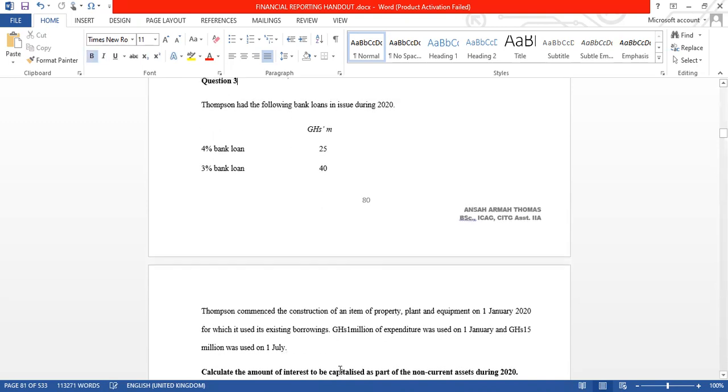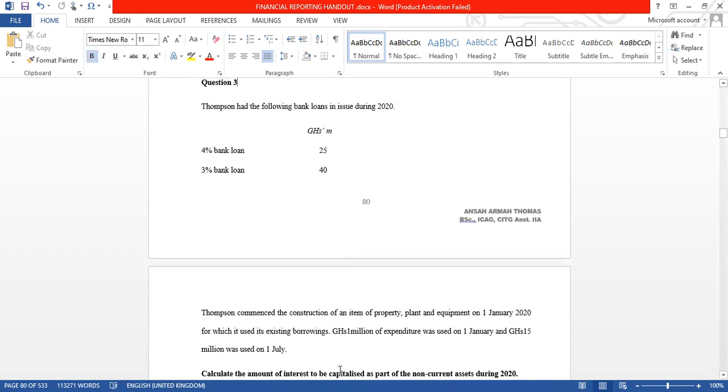Now, what will happen is that this one is a general borrowing, and therefore we are going to go through and weight it. So we have our 4%, 25 million. The joint gives us 65. So it's going to be 65. You have to deal with this thing now.